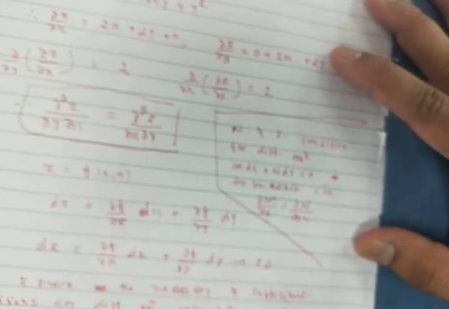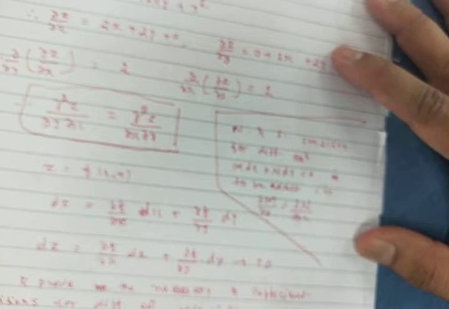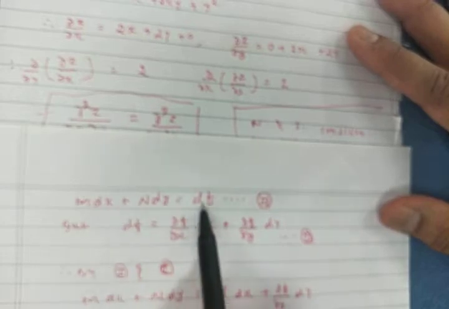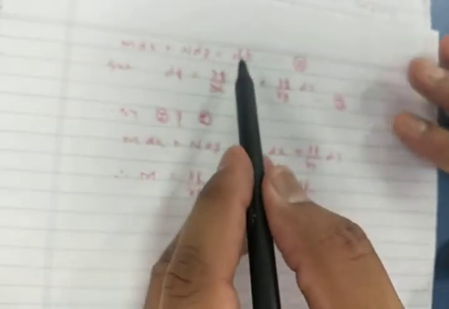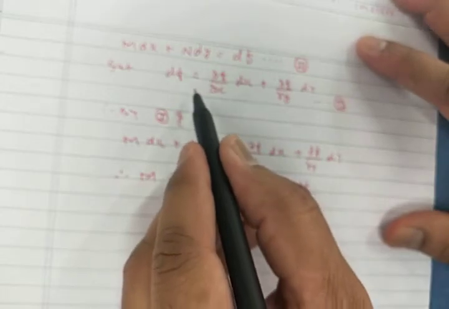Suppose M dx plus N dy equal to 0 is an exact differential equation. So we have a function f(x,y) such that M dx plus N dy is equal to df. We already noted that a differential equation obtained by taking direct differentiation of its solution is called an exact differential equation, and this is due to total differentiation.